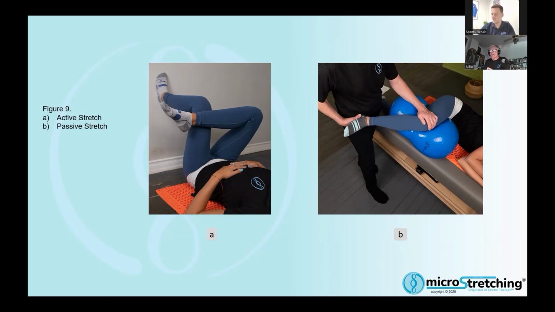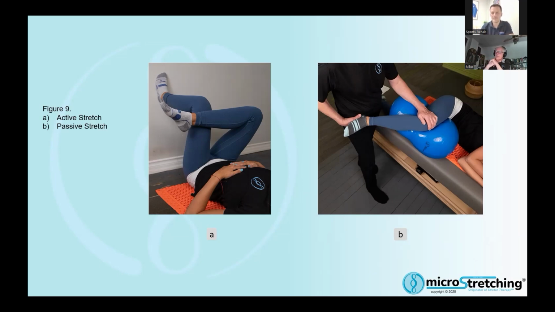I know that some people like Kaylee use continuous passive motion, which is a mechanical machine that basically does the stretching for you. So, in a nutshell, with passive stretching, you are allowing somebody or some machine to do the work for you.